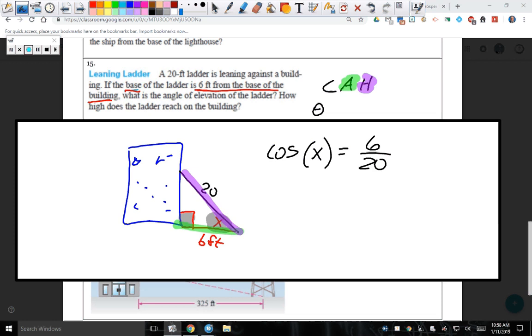Now we're going to do what Hunter was saying for that other one that I stopped the recording a little too early. Instead of solving for this, we're going to apply what to both sides? Inverse cosine. Nicely done. Otherwise, arc cosine. So inverse cosine, arc cosine, we're just going to do the arc cosine of 6 over 20.